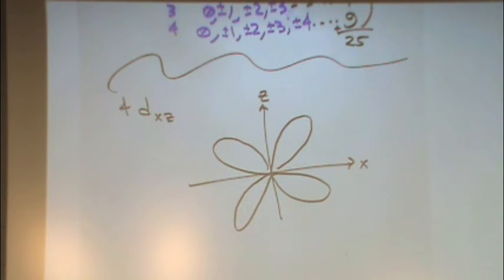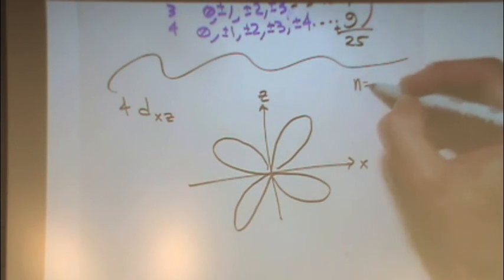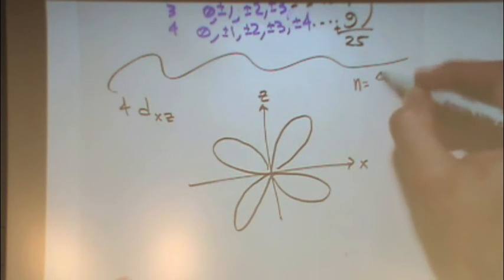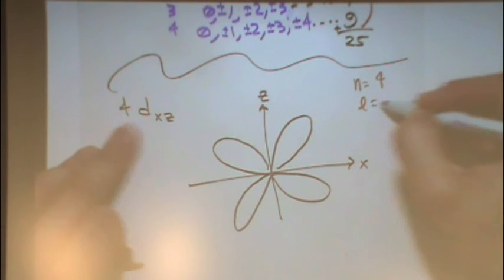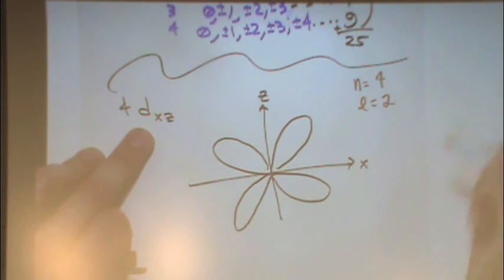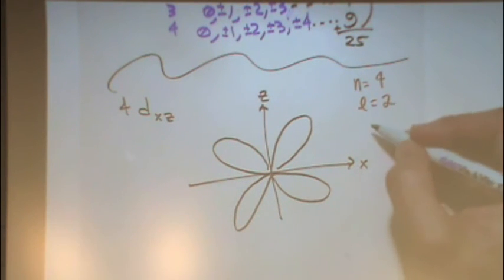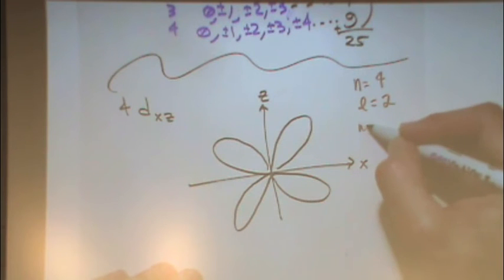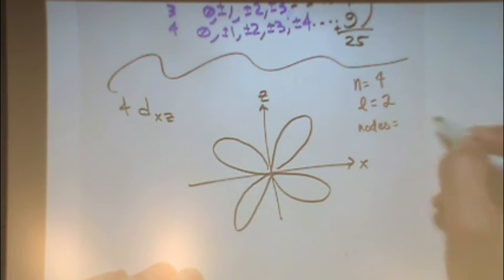Then I'd ask you about the nodes. Let's ask you about all this. N equals what value? 4. L? 2. Okay. Make sure you're sure. 2. Okay, what else could I ask you? Nodes. How many nodes?